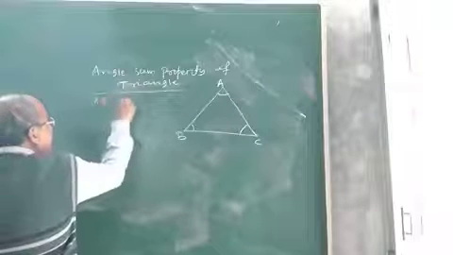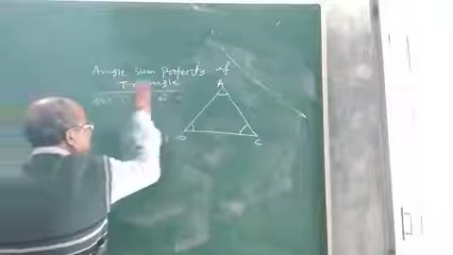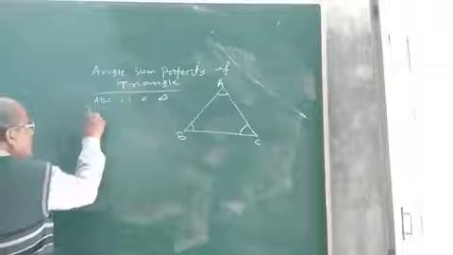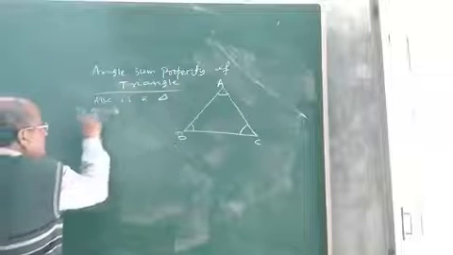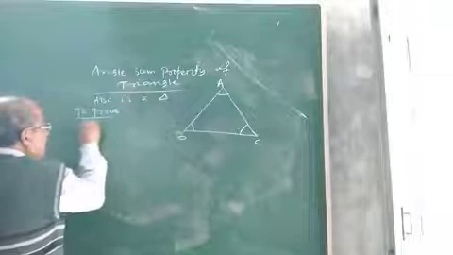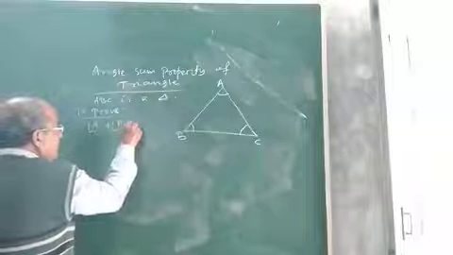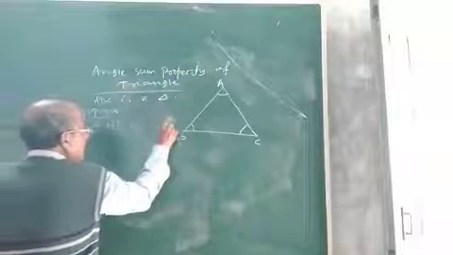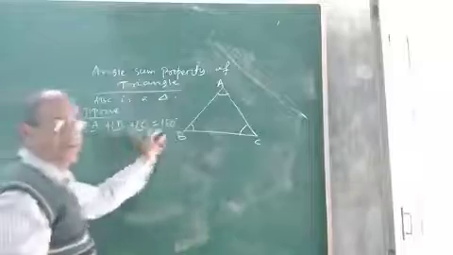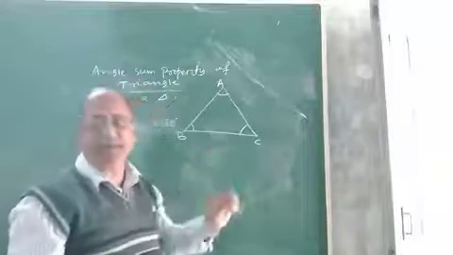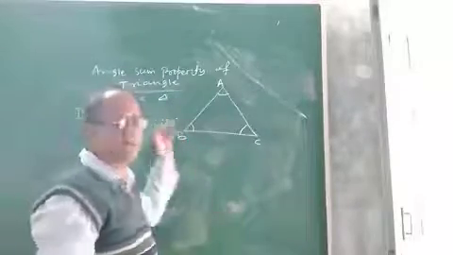This is the given: ABC is a triangle. Then what do we want to prove? We want to prove that angle A plus angle B plus angle C equals 180 degree. This is the angle sum property. The sum of 3 interior angles of a triangle is 180 degree.